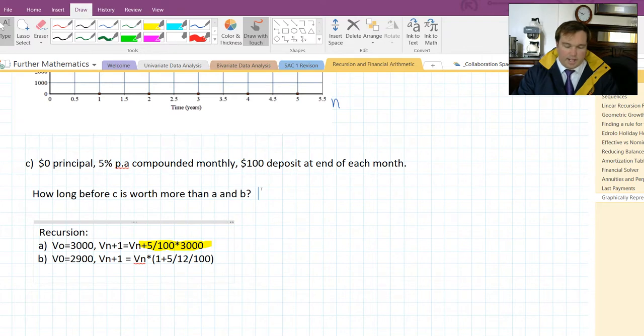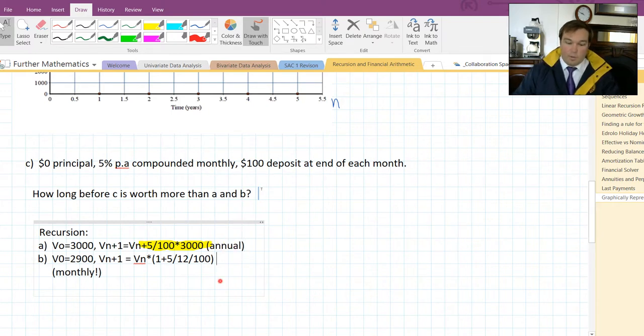I know that looks like a date. What we're doing there is we are increasing it by 5, well, each month by that amount. And note this is monthly here, whereas this one is annual, which makes this problem really quite hard. So monthly, annual, and we've got to figure out a way to do that neatly.